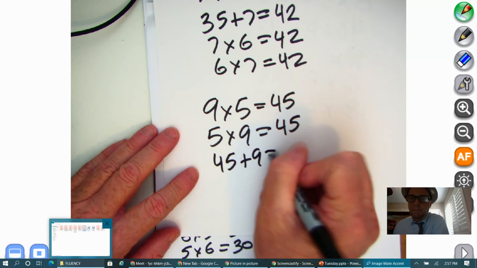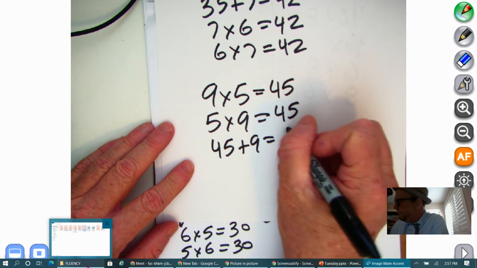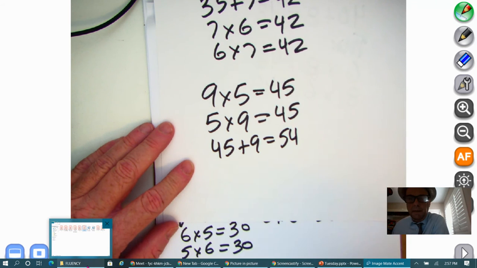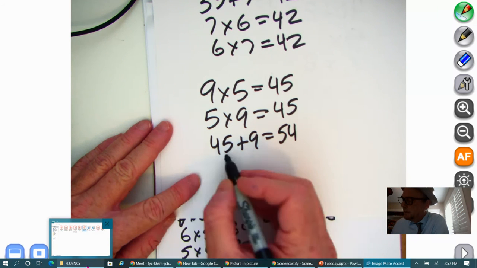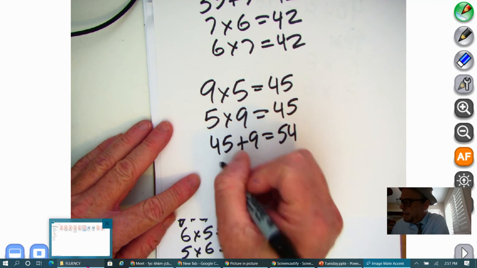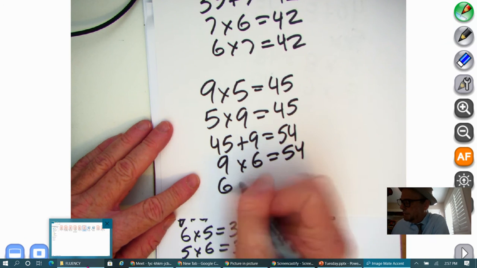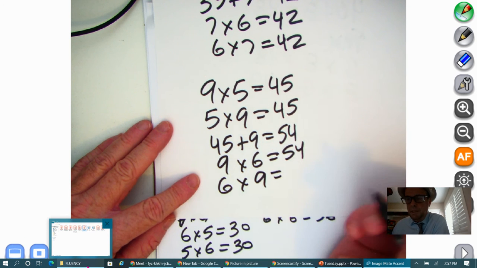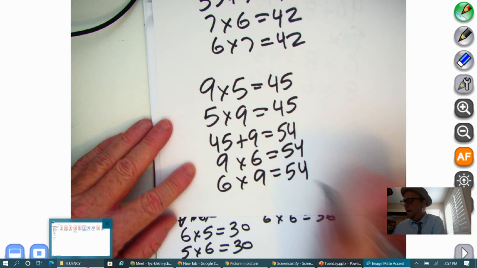Well, think about 45 plus 10 would be 55, so one less would be 54. I'm making my 4-minute time here, pretty close to it anyways. So we could say 45 plus 9 equals 54. That way I can say 9 times 6 equals 54, and 6 times 9 equals, guess what? Thanks to the commutative property, it equals 54 as well.